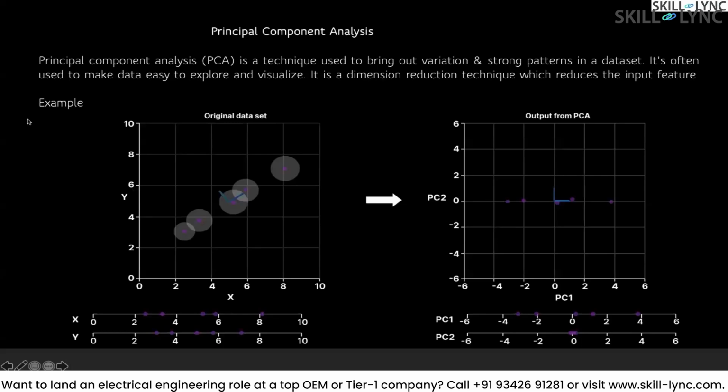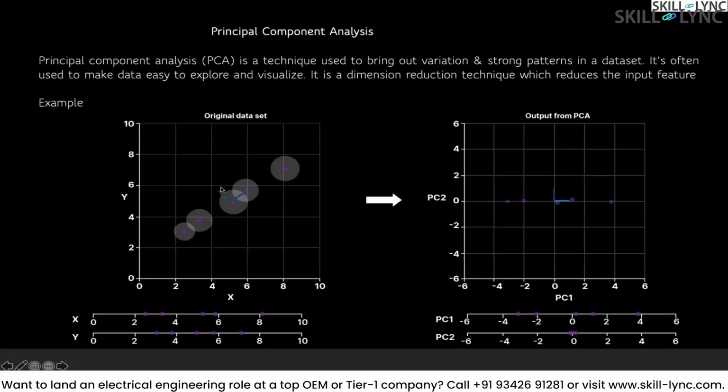Right? Now, PCA does internal calculation of linear algebra. And then it comes up with the new input features. It converts x and y into PC1 and PC2. Okay. And then it will take this axis, which is quite simple to imagine, right?